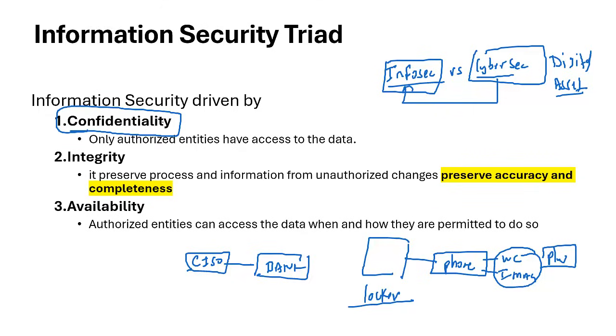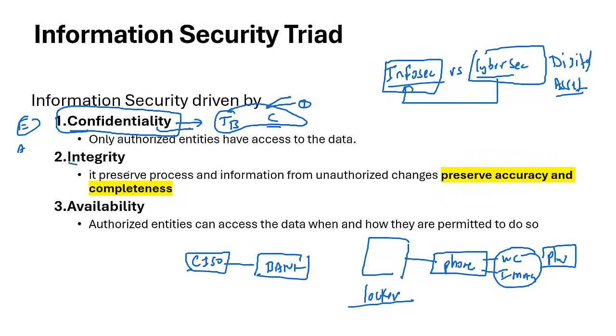What is the meaning? It means we're maintaining confidentiality. This transaction will be only available to the respective customer who owns that account. If this information goes outside of these two parties, the bank and the customer, and goes to any third person, it is a breach of confidentiality. And how do we achieve that? With the help of encryption, access controls and all that.